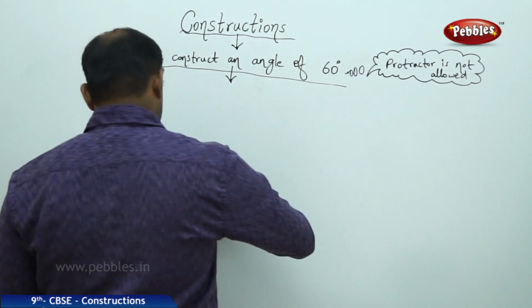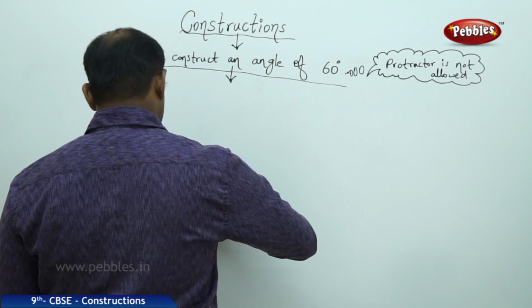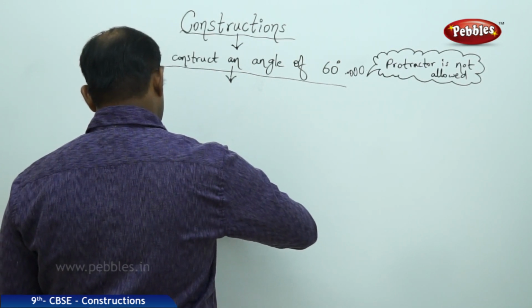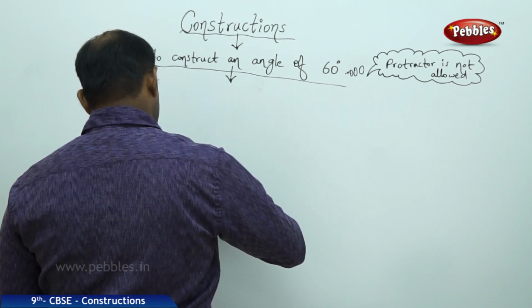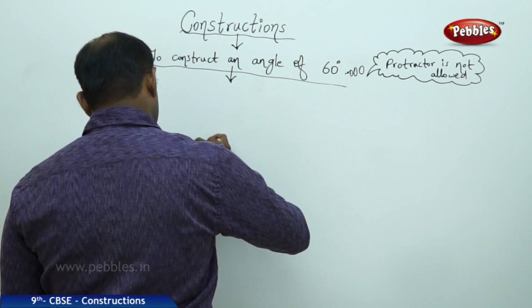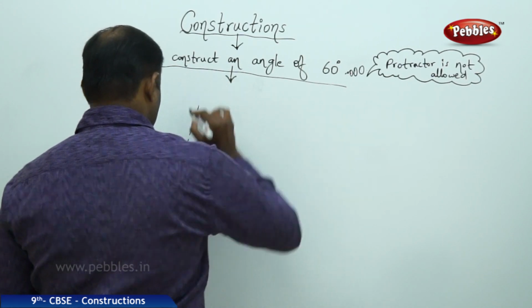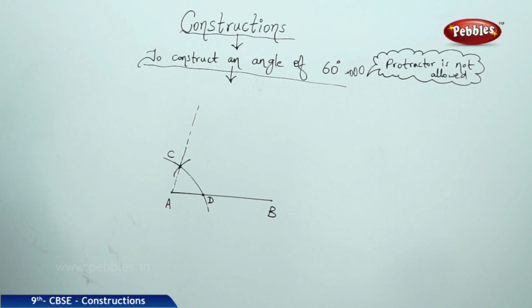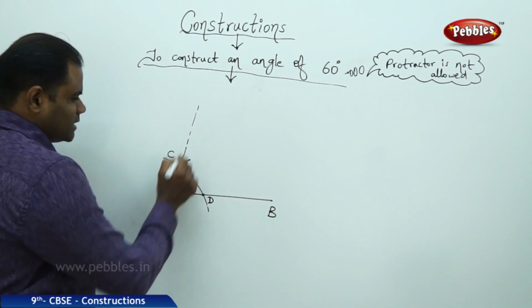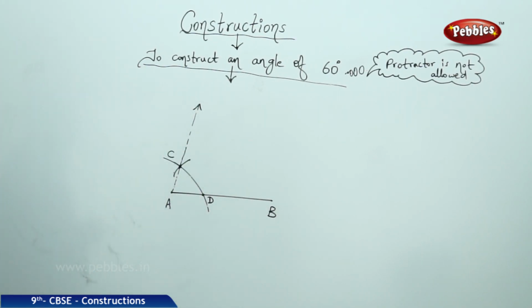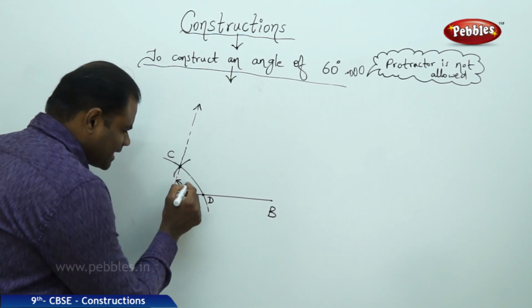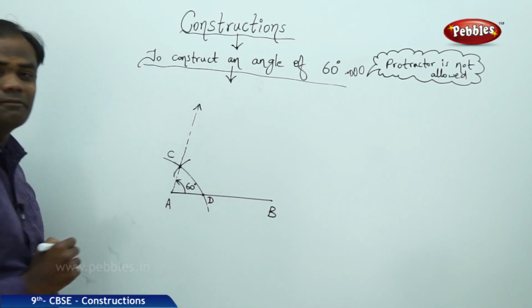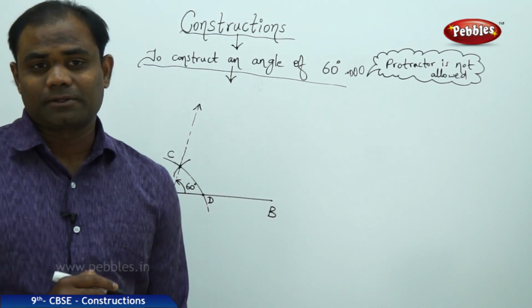Let me just extend this line and then I get this line which cuts here at C, extended further. So here the angle which is formed at A is exactly 60 degrees, perfect, without using the protractor.